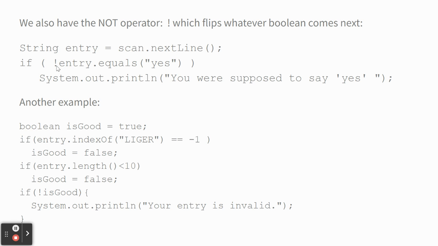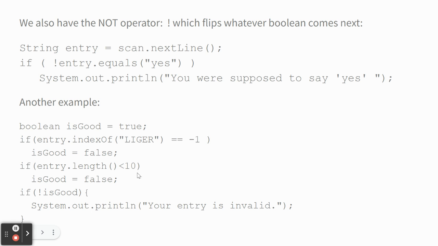Here's another example. Boolean isGood equals true. So I'm setting up a variable called isGood. I'm putting true in it. And then I'm running 3 tests in a row. If entry.indexOf("Liger") is -1, then set isGood to false. If the length of the entry is less than 10, set it to false. And then I'm checking, hey, how's my variable?